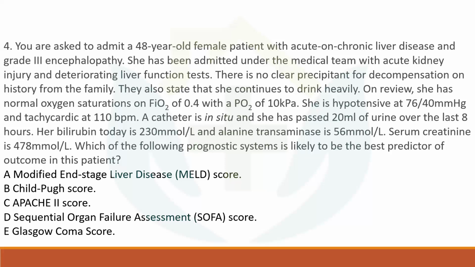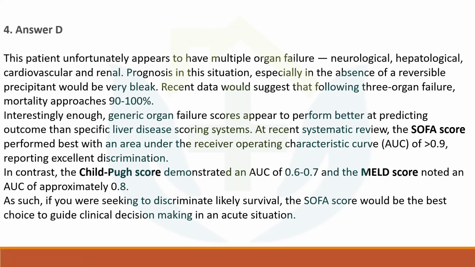They are asking how you would prognosticate the patient. The word prognostication is very important. Exactly, a few of them have got this correctly. MELD score and Child-Pugh score will tell us about the present liver condition. But the correct answer is D, the SOFA score. Why? It will help you with the prognostication.